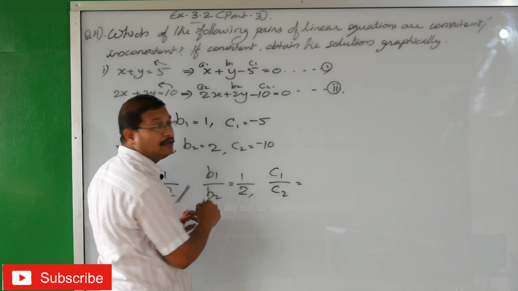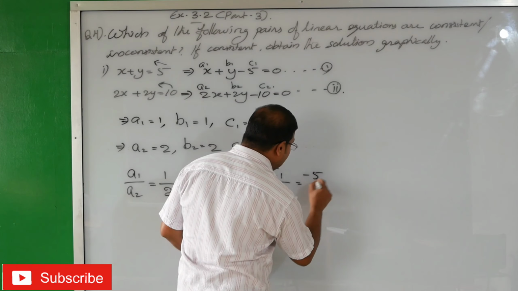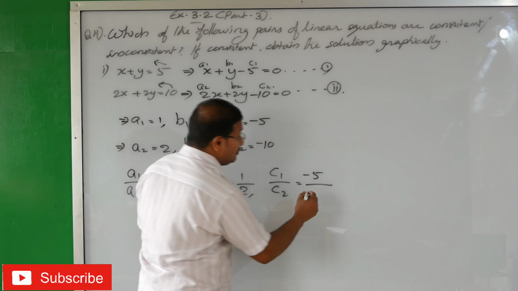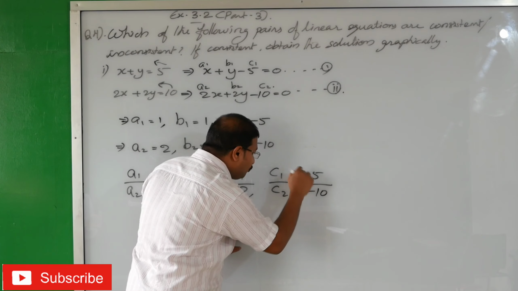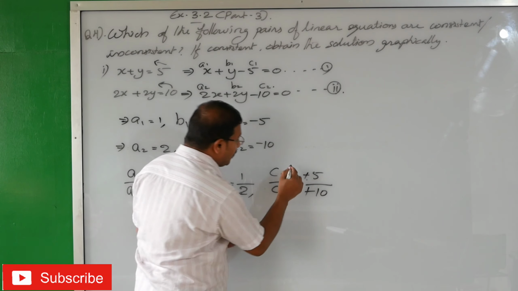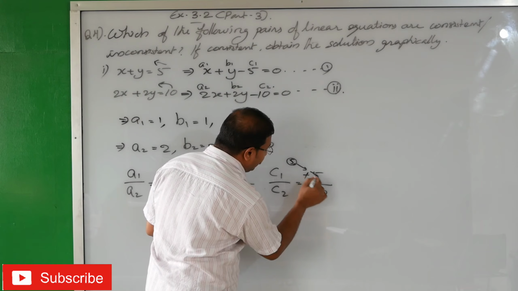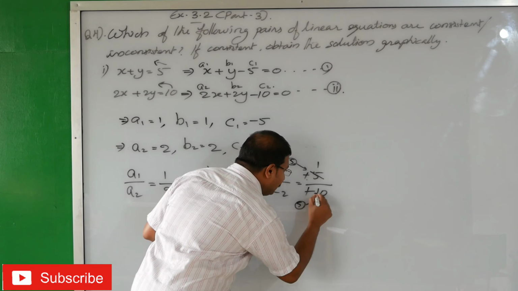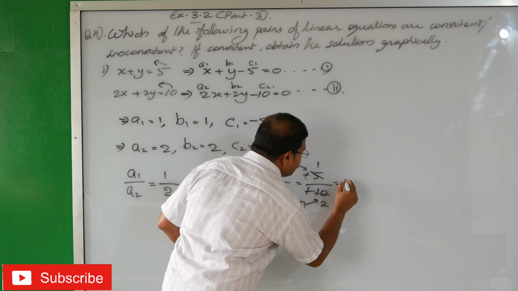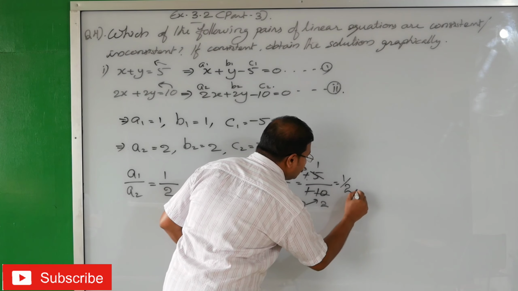What is the value of c1? That is minus 5 divided by c2 is minus 10. Minus minus in the numerator and denominator will cancel. Now numerator will cancel by 5, 5 ones are 5. Denominator will cancel by 5, 5 twos are 10. That means we will get 1 by 2.